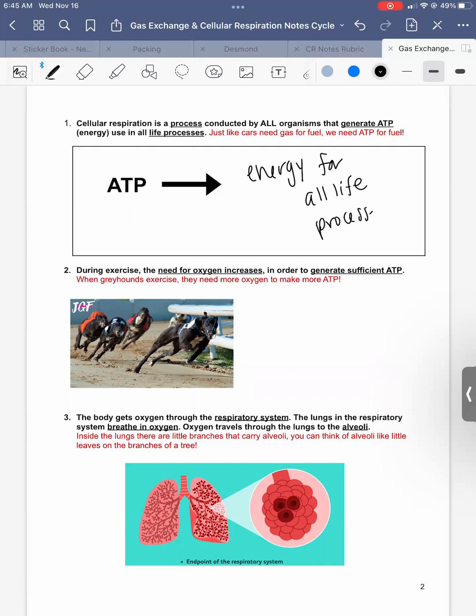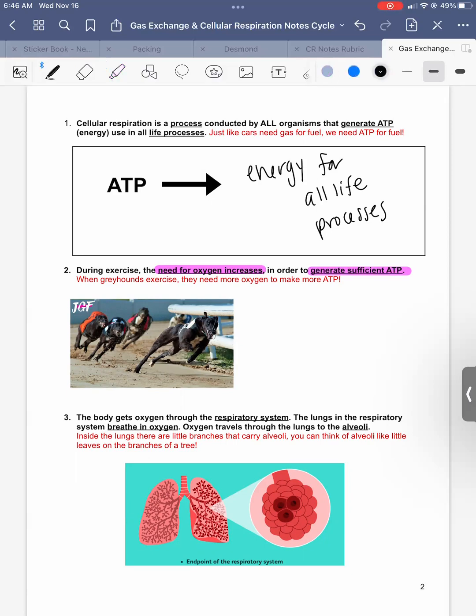We constantly need ATP to stay alive, whether we're exercising or not. Another fact that we know is that during exercise, we need more oxygen because we need to make more ATP. Right, so I'm just going to have you highlight whatever is underlined.